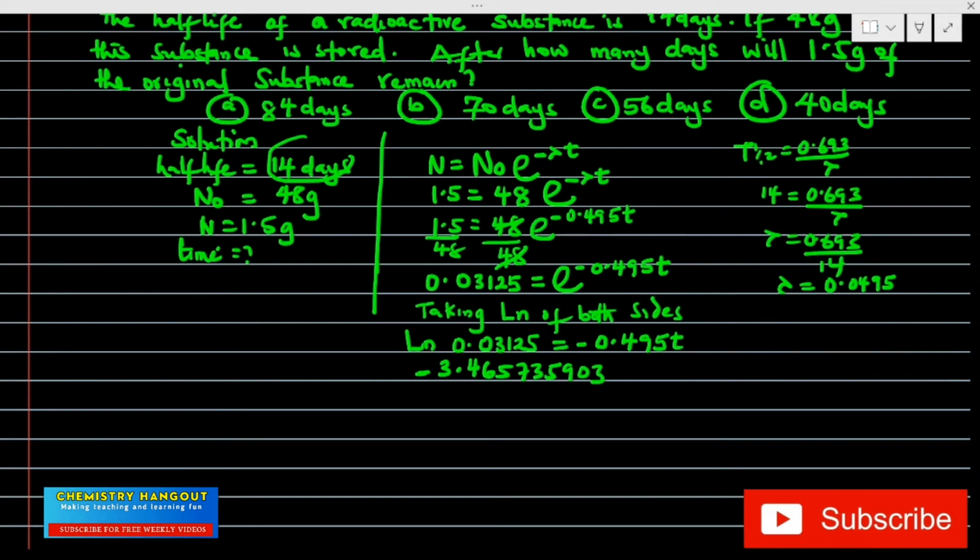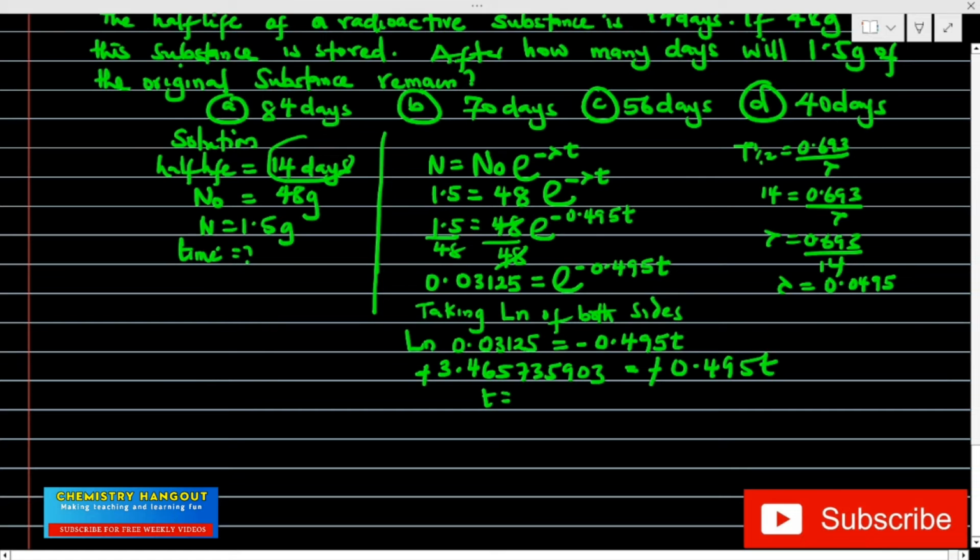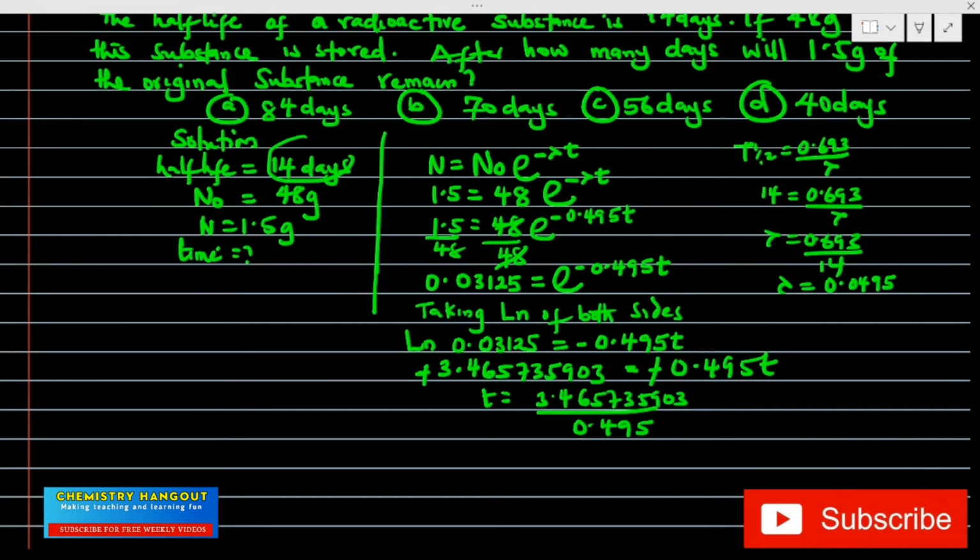That will now be equal to minus 0.0495 t. So minus can cancel minus. Our t will now be 3.465735903 divided by 0.0495.